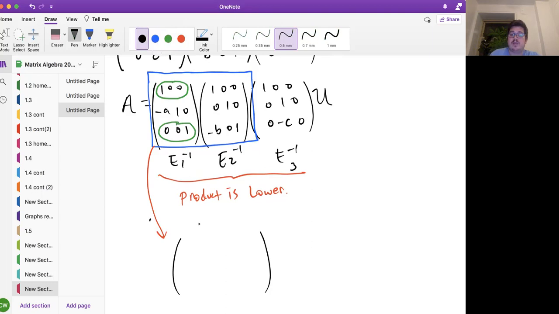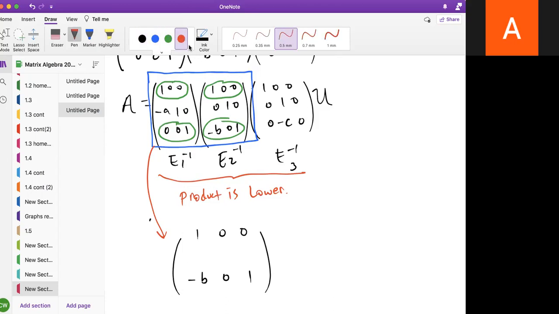So in the product, the first and the third row will be the first and third row of the matrix on the right.